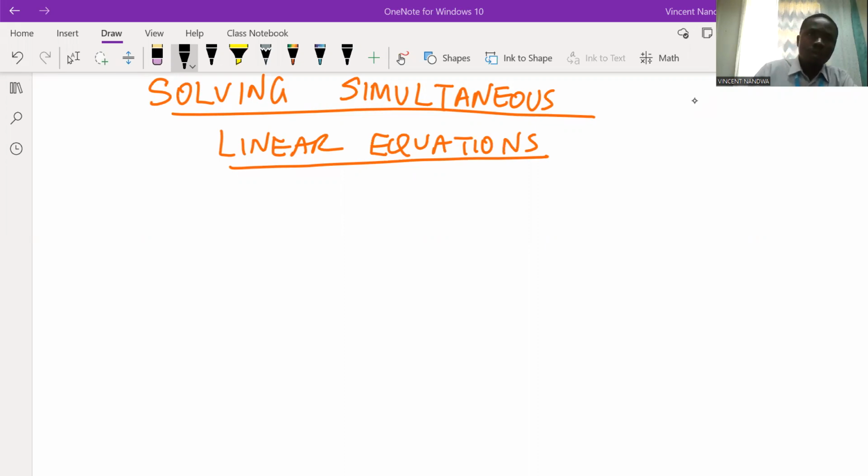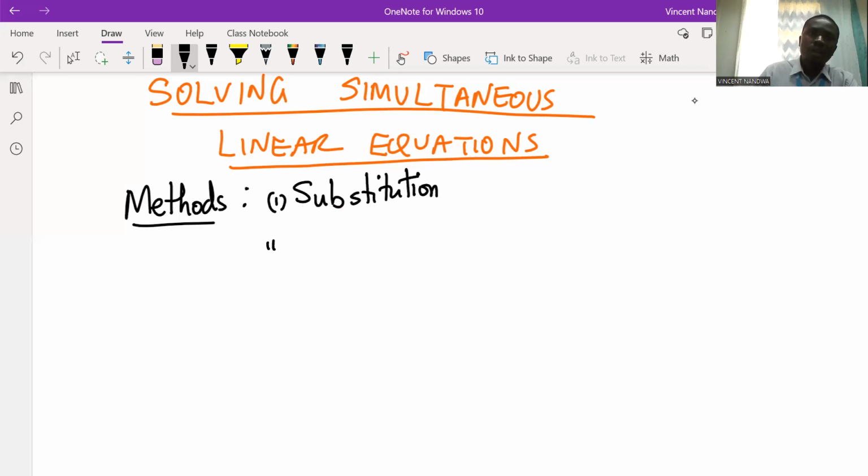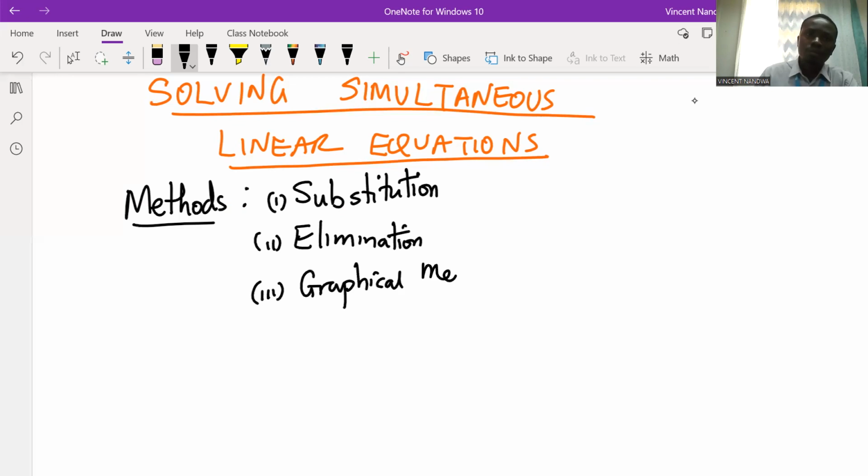So methods for solving simultaneous linear equations include: we have substitution method, we have elimination method, we have graphical method, and sometimes we use matrix method.